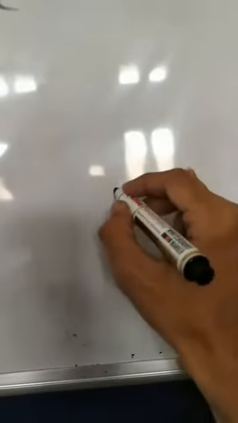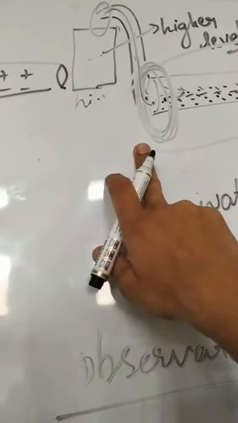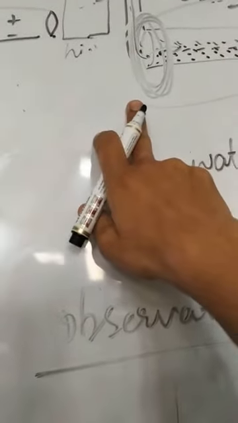So the overall observation is that when there is pressure difference between the two ends of the water tube, water will flow.